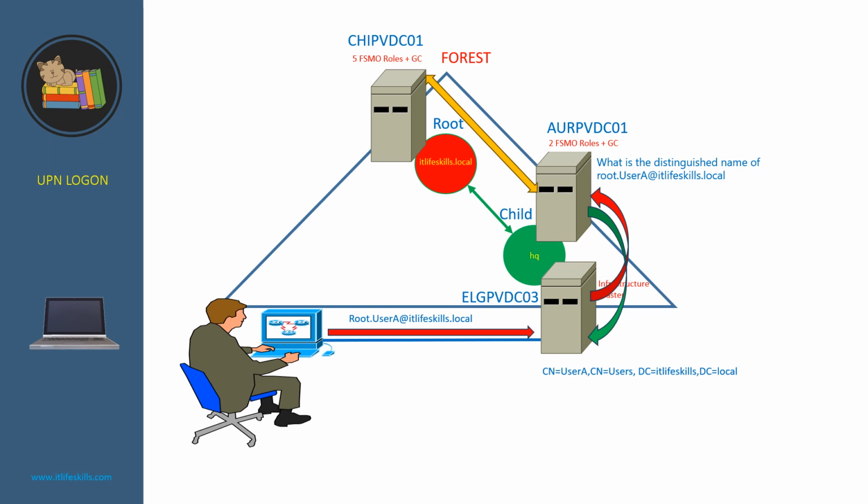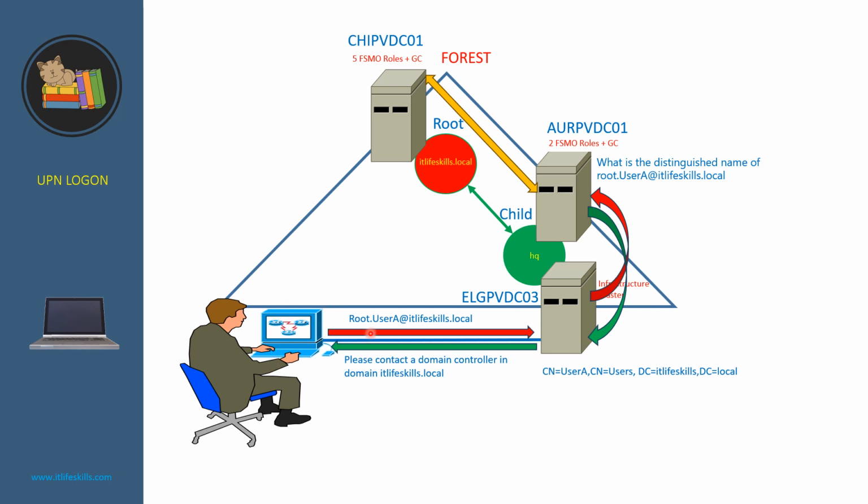LHPVDC03 extracts the distinguished name and finds the user domain is itlifeskills.local. It then informs the PC that it needs to contact a domain controller in the domain itlifeskills.local.